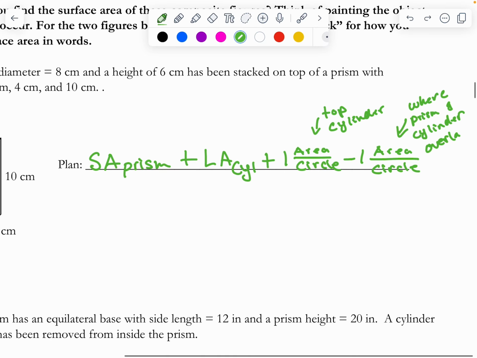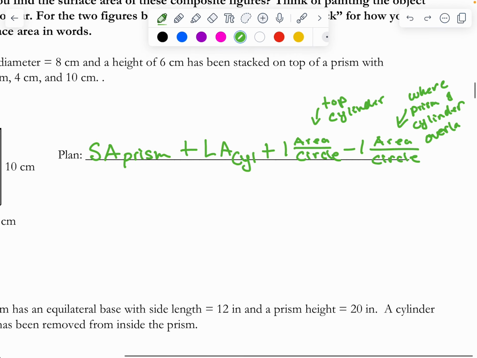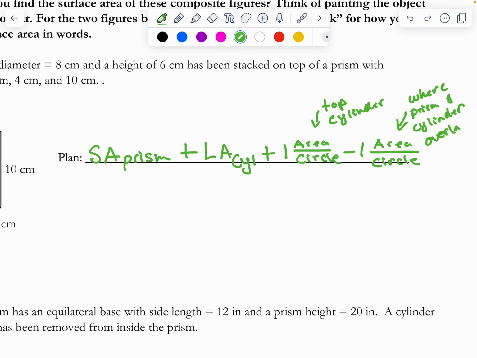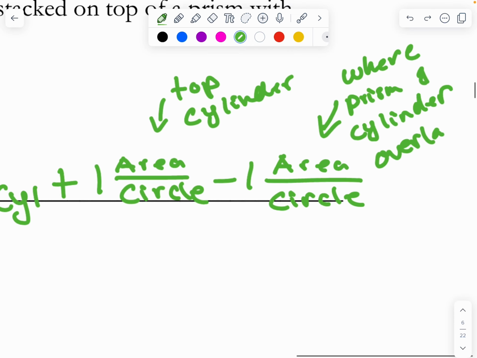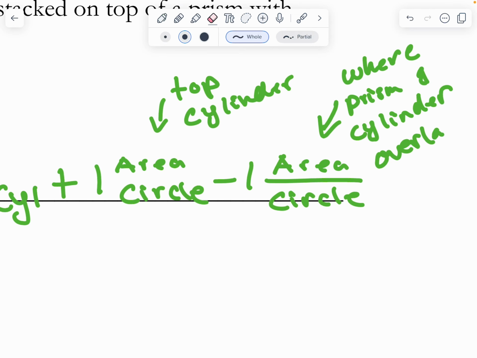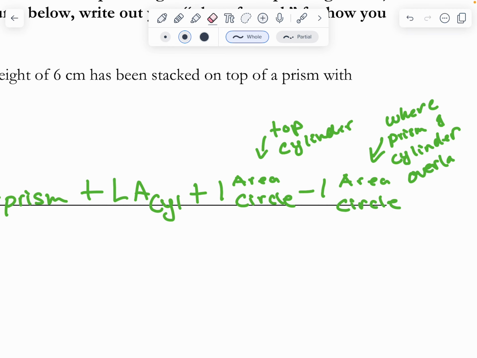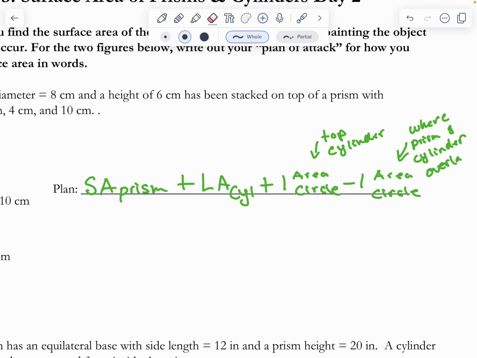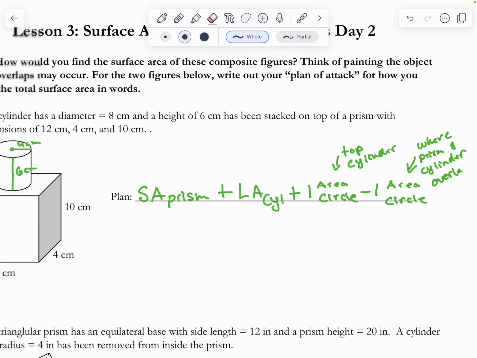Let's get to it. So wouldn't that mean that the area of the circle and the area of the circle cancel out? Essentially, yes. That is exactly what ends up happening, right?